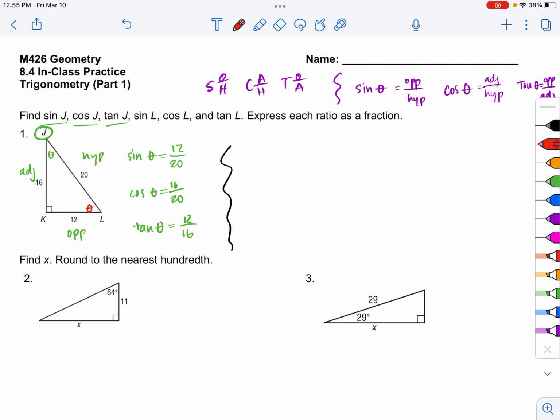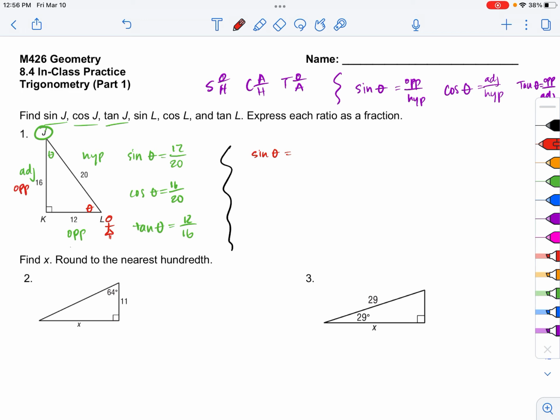Now we're going to repeat this, but we're going to look at this from the different angle's perspective. So I'm going to put in red. This is going to be our second theta, or L theta, okay? So looking at it from this perspective, or I could put a little person here, we could say sine of theta, or sine of L, is equal to, in this case, opposite over hypotenuse is not the same because the opposite now is 16.